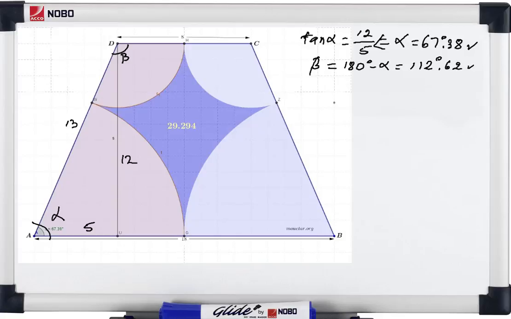So we have these two arcs, and the area of the sector can be calculated. Here we have our formulas on the website, mocktab.org. We can go to the circle areas.